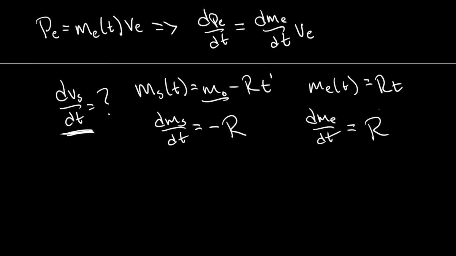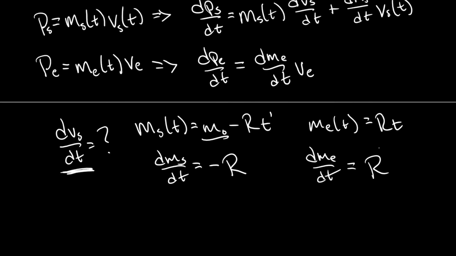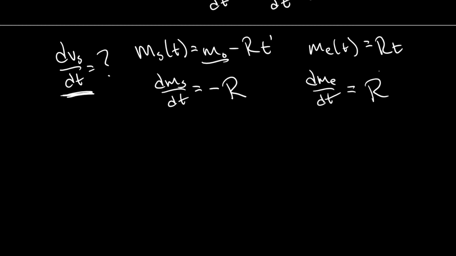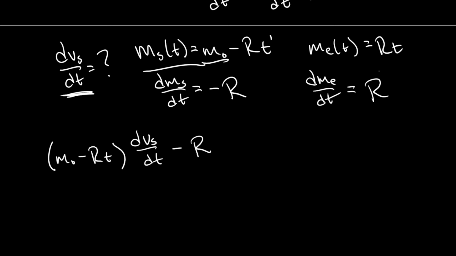So what do we find? We find that m_s(t) times dv_s/dt, which is just (m_0 minus rt) times dv_s/dt, minus r times v_s is equal to r v_e.